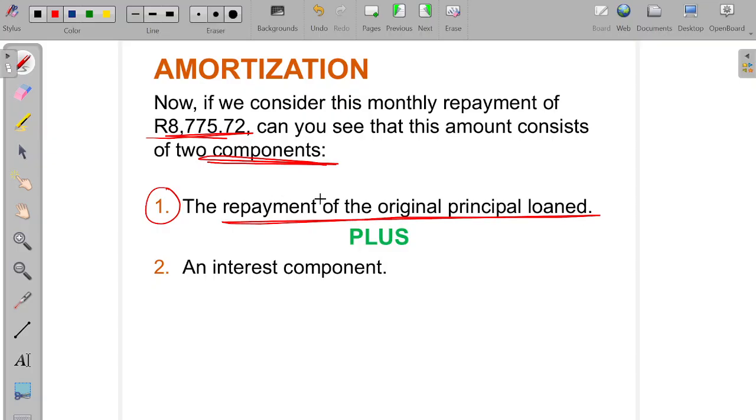Number two, it contains interest, because the bank charges interest. So the money we pay every month contains these two components.